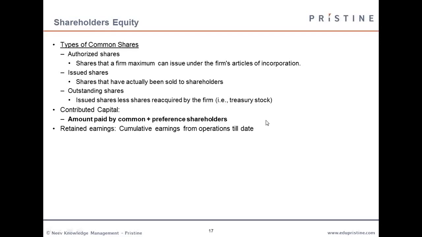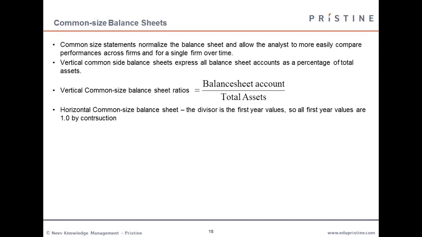Whenever you liquidate the company, the first preference is given to the debt givers, then to preference shareholders, and finally to common shareholders. They also get a dividend at a fixed rate, irrespective of the profitability of the company. Retained earnings are the cumulative earnings from the operations till today. So that's one component of shareholders' equity.